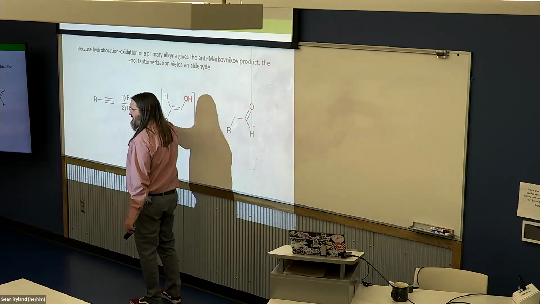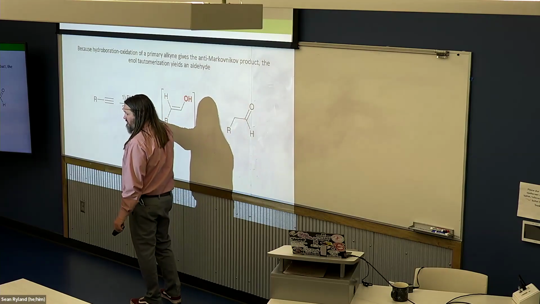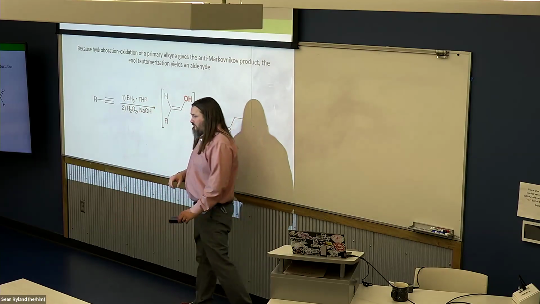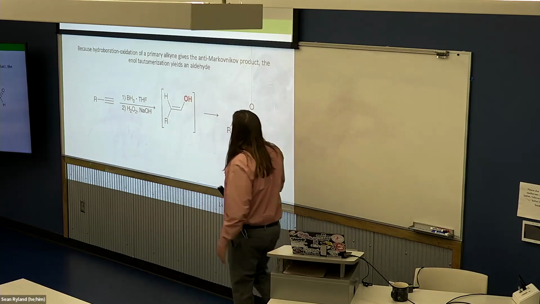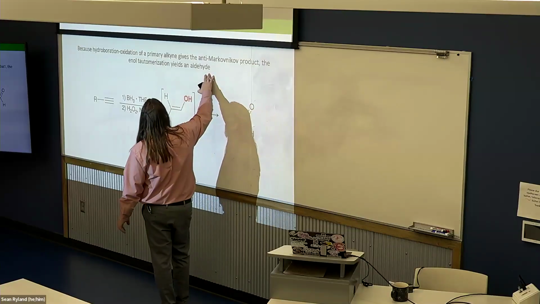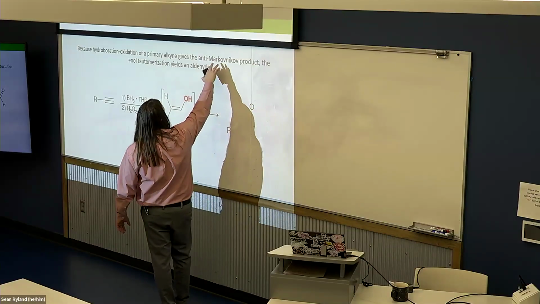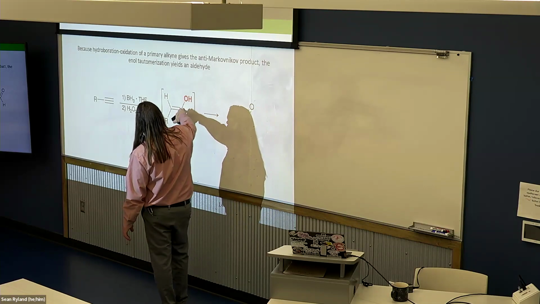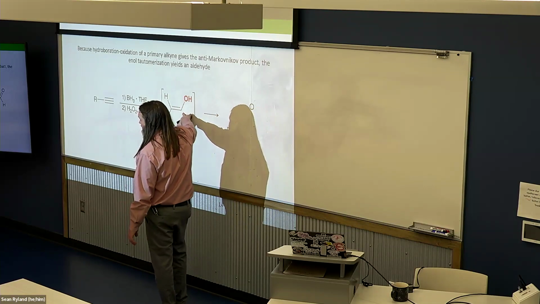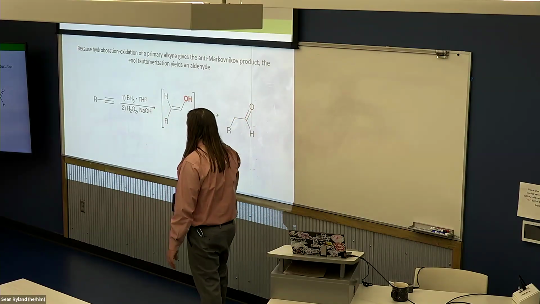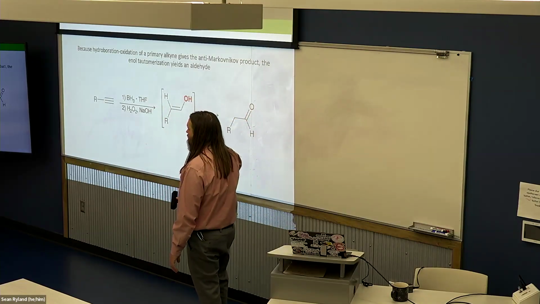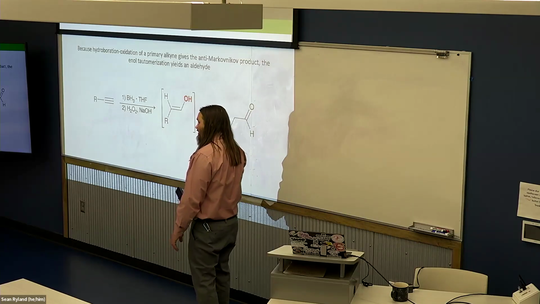Hydroboration is under basic conditions. Because it's anti-Markovnikov, we put the oxygen on the less substituted carbon, which means we get an aldehyde. So we still have Markovnikov and anti-Markovnikov with our alkynes.